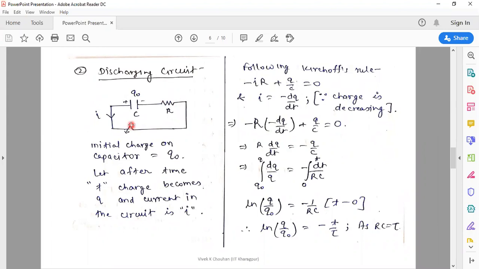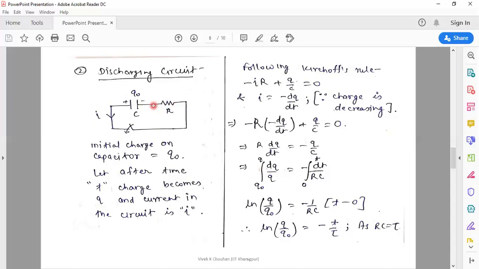Now, as soon as we close this switch, what happens? This capacitor will start discharging. It will start providing the flow of charge, which will flow through the resistance in the form of electric current.